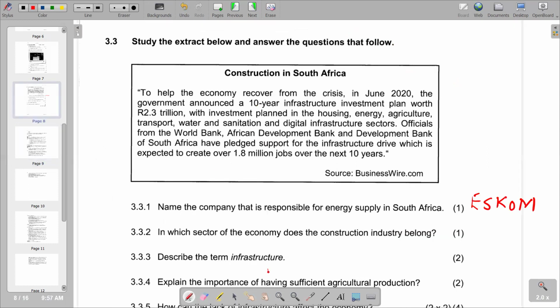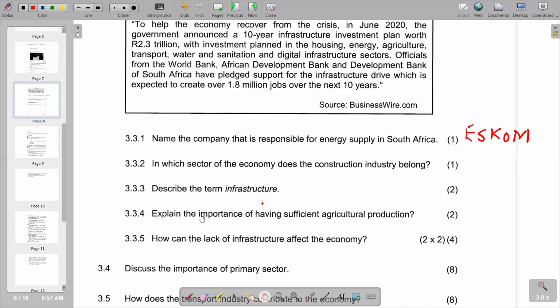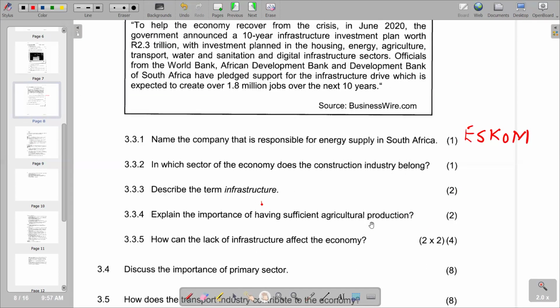Then we move on to the next part, which is now saying, explain the importance of having sufficient agricultural production. You know that agricultural production is the primary production that we have in the country. So whatever is going to be produced in the agricultural sector is going to be used in many sectors in the economy. So very important it is.